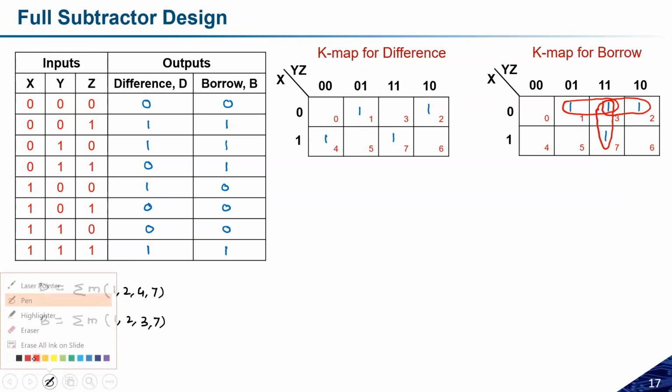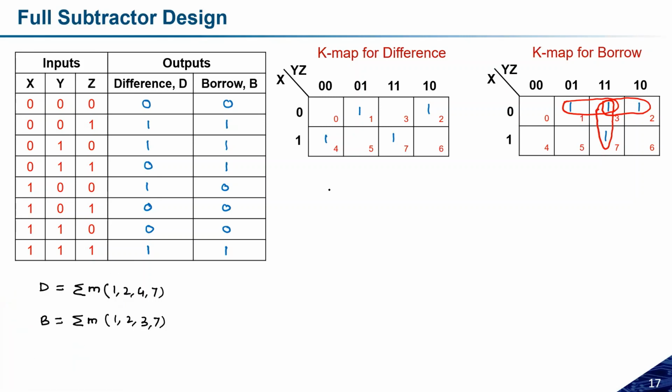If we try to write the expression, difference is equal to x XOR y XOR z. How it is coming, we have already done it.